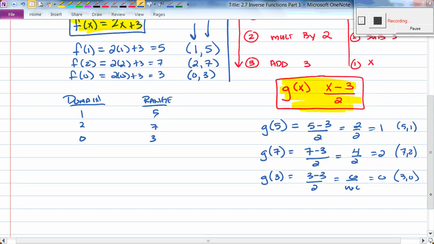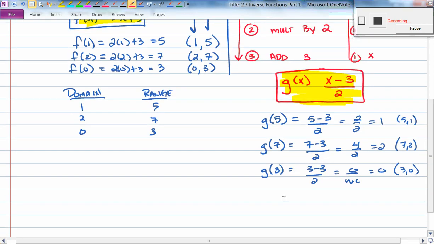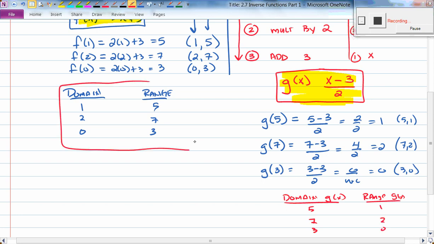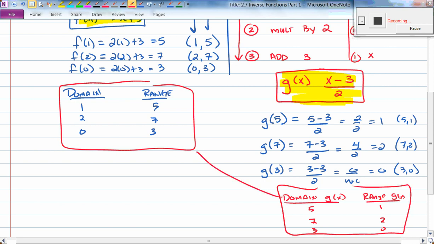All right, great. So what is my domain for g of x now? 5, 7, and 3. What's my range for g of x? 1, 2, and 0. Does anybody notice anything about this?